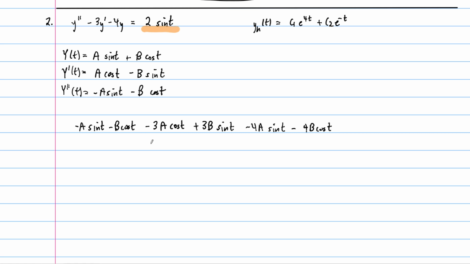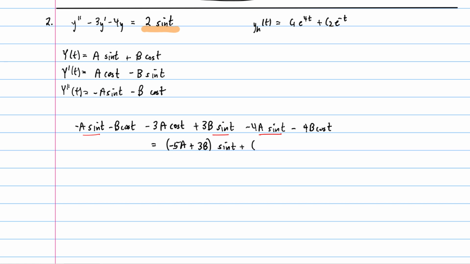Before I put the right hand side in here, I'm going to group this by sines and cosines. So we're going to have coefficients of minus a minus 4a, so that's minus 5a plus 3b sine of t.